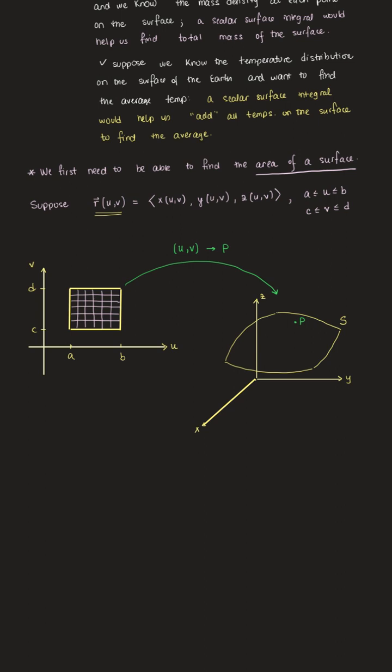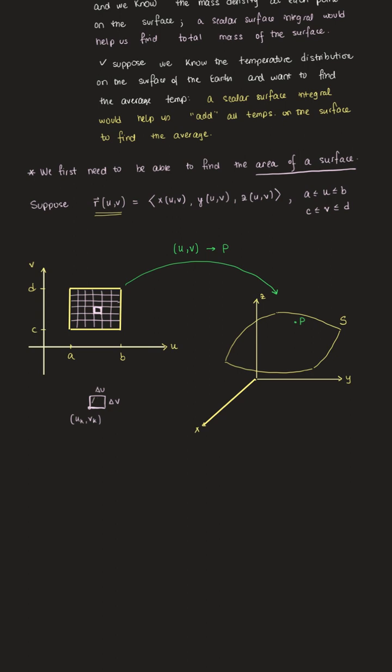So if we take one of these little rectangles, I'm going to zoom in on one of them. Let's imagine that we have a little point here. That's our point u sub k, v sub k. K just denotes which one of these rectangles we're looking at. And this is a little delta u, and this is a little delta v.